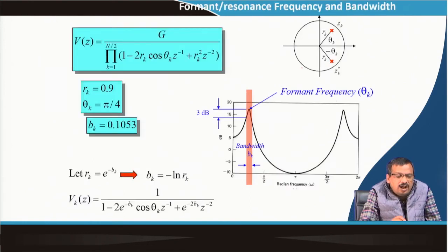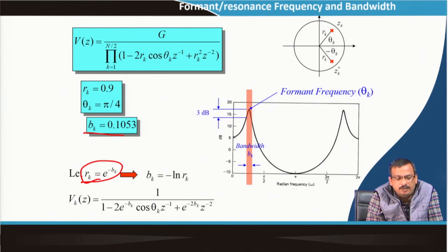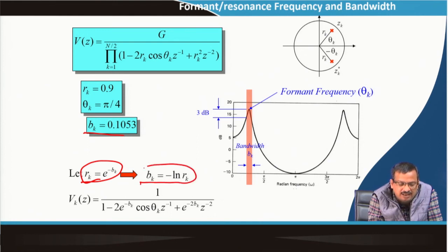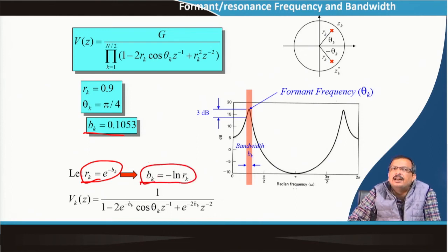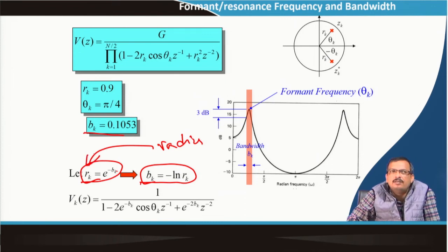Bandwidth is related to R as Rk is e to the power minus Bk, where Bk is the bandwidth in radian, or I can say Bk is equal to minus ln of Rk.